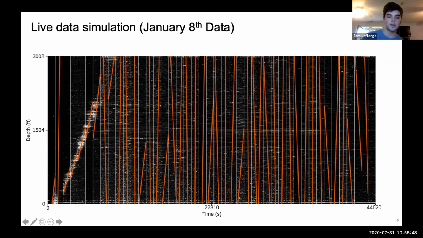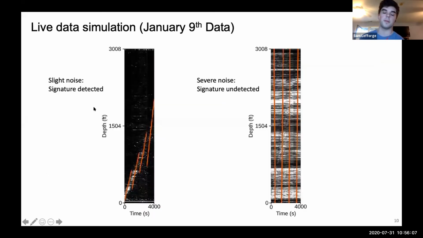And so you can see here for this live data, early on, it does a good job of detecting the gas signature. And then as I continue to feed it more data that's just random static, it starts to guess basically just random lines, which is expected at this point. And so here is another example of the same thing with a different data set.